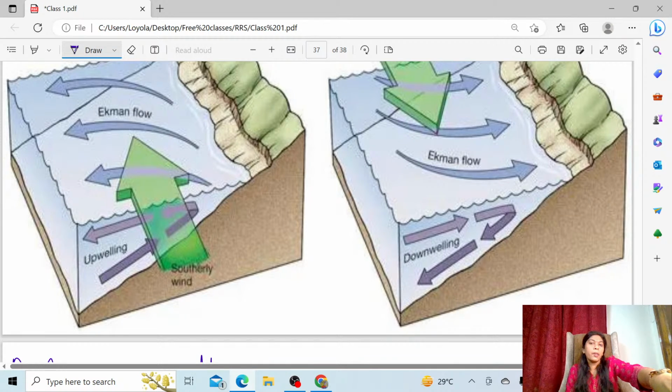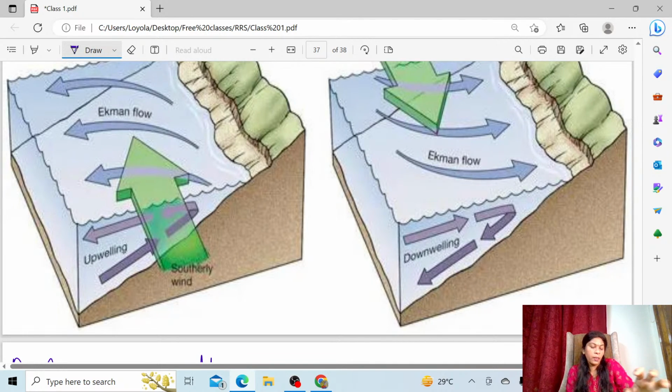It is brought up by wave action due to rotation of earth, or by wind action, as you will study in geography. The lower layer of the water will flow to the surface. This layer is cold, and when it comes up, the rest of the area will be warm.